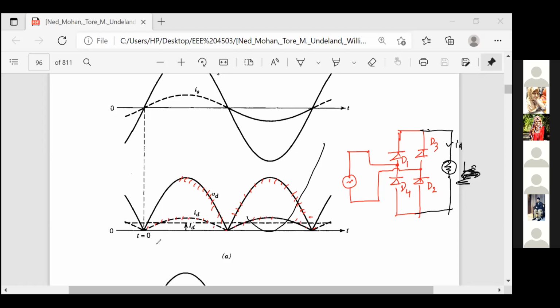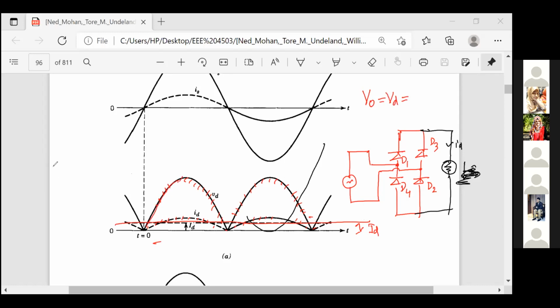If you take the average value, look here, it is showing the average value, ID. For a resistive load, what will be the average value of your output voltage?